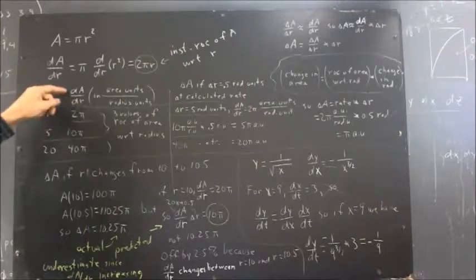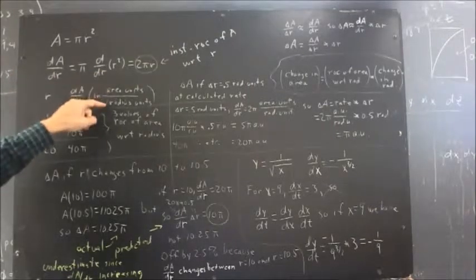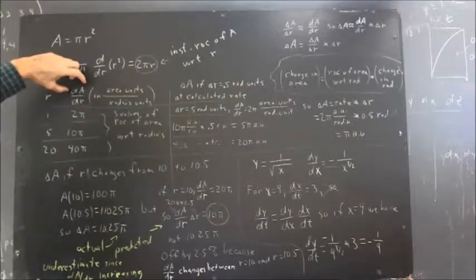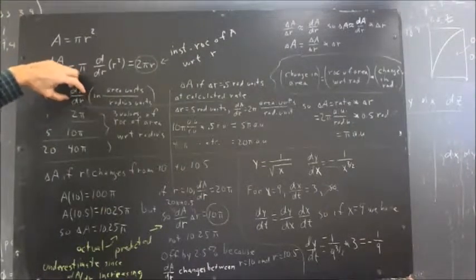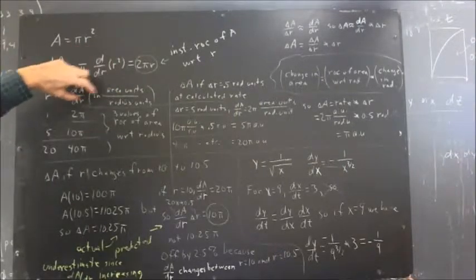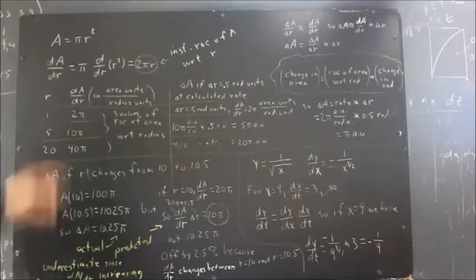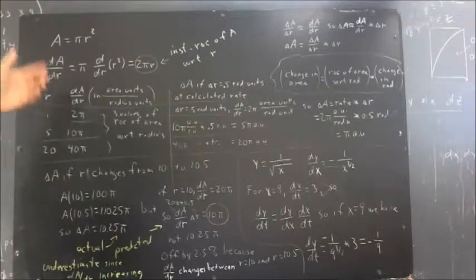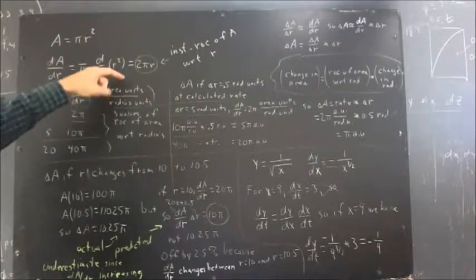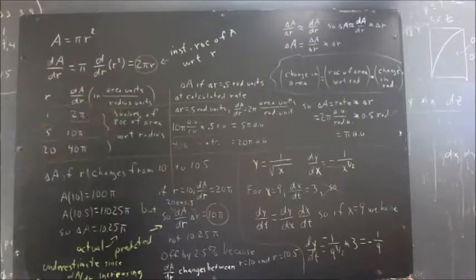dA/dr has to be in area units divided by radius units, since delta A is a change in area, and a delta R is a change in radius, and a dA/dr is a limiting value of delta A over delta R, so that's also going to have units of whatever area units are divided by whatever radius units are.